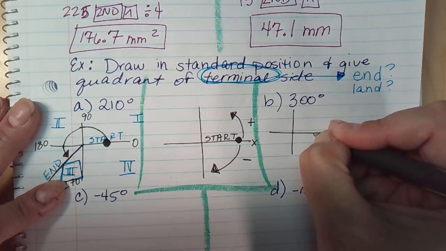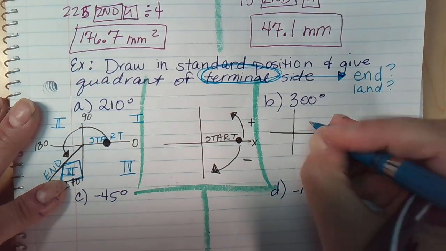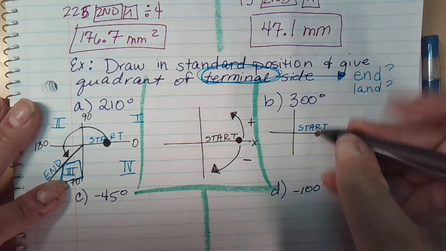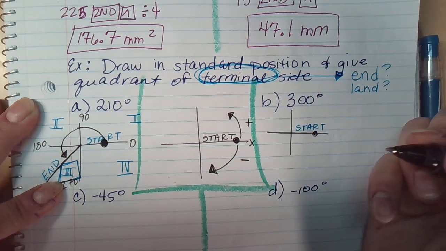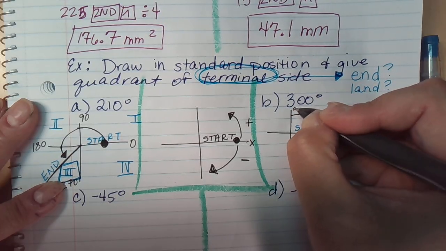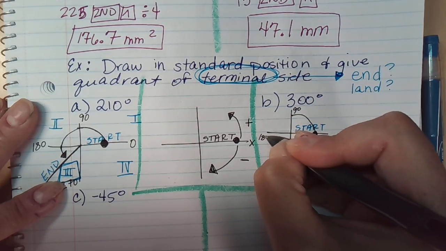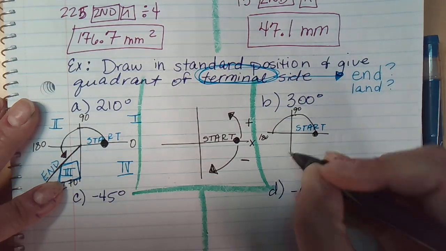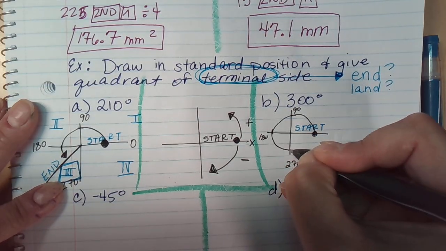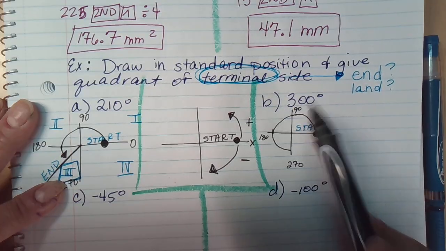We start over here on the positive x-axis. We draw up and around 300 degrees. Well, let's see here. This first quadrant is 90. Then we get to 180. Then the next quadrant is 270. But then I need to go a smidge more to get to 300.